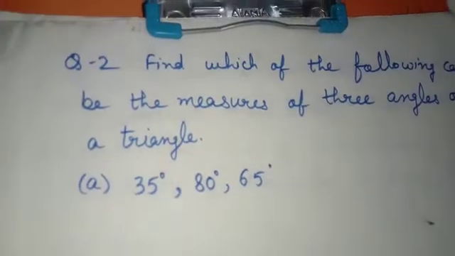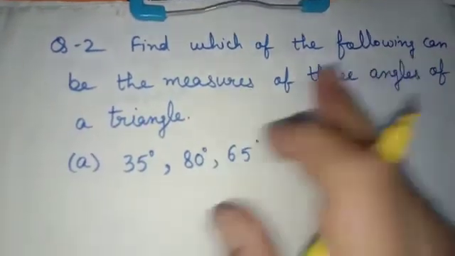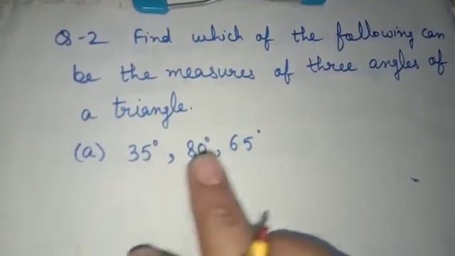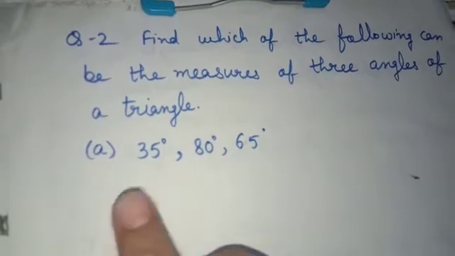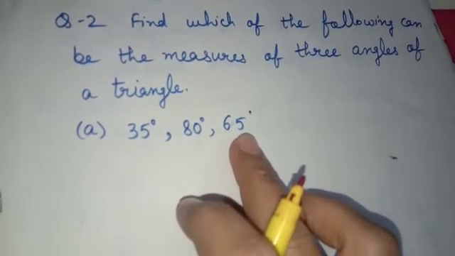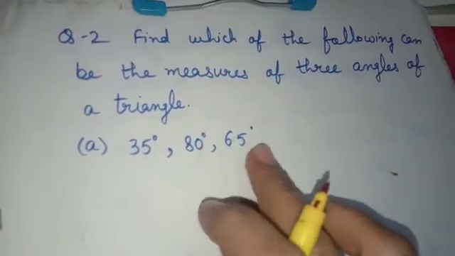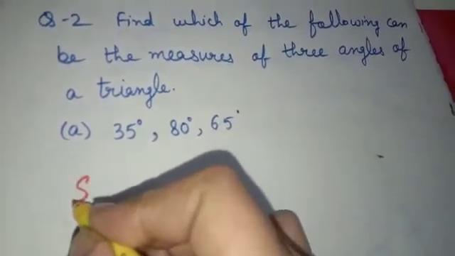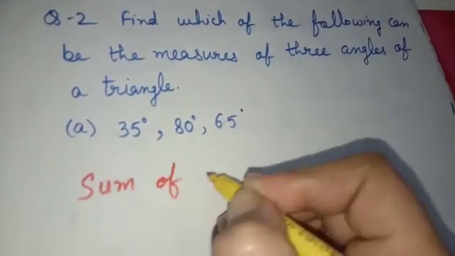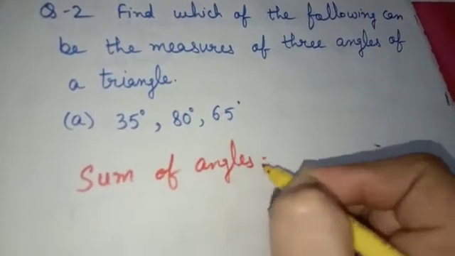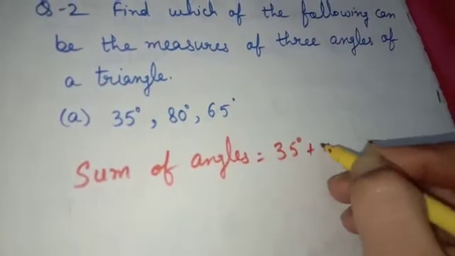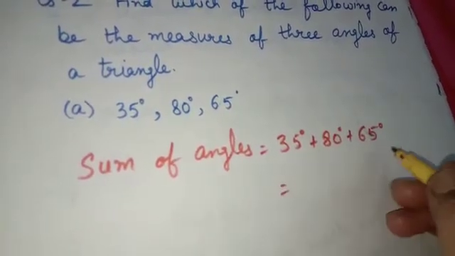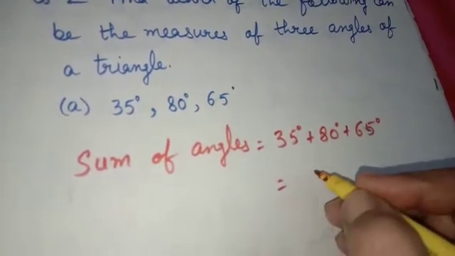Question number 2 is, find which of the following can be the measures of three angles of a triangle. 35 degrees, 80 degrees, and 65 degrees. Three angles are given, and we have to check whether these are the angles of a triangle or not. We can check it by using our property. We find the sum of angles, that is 35 degrees plus 80 degrees plus 65 degrees.